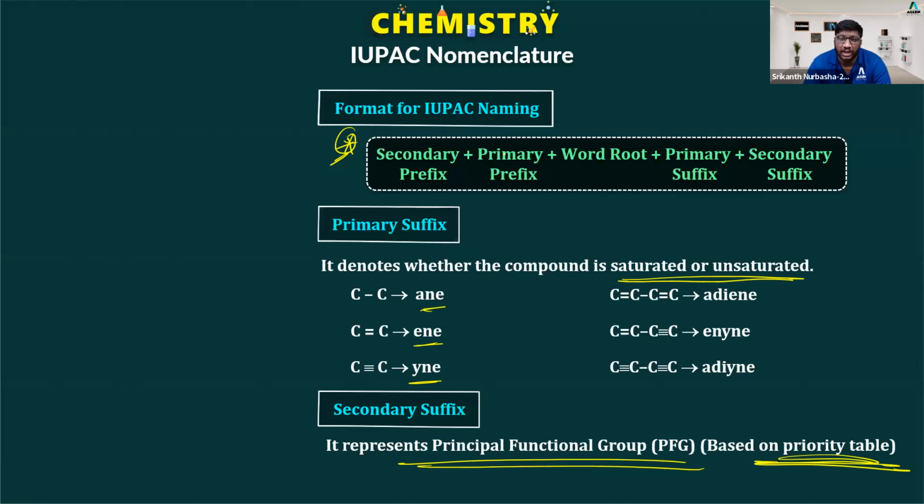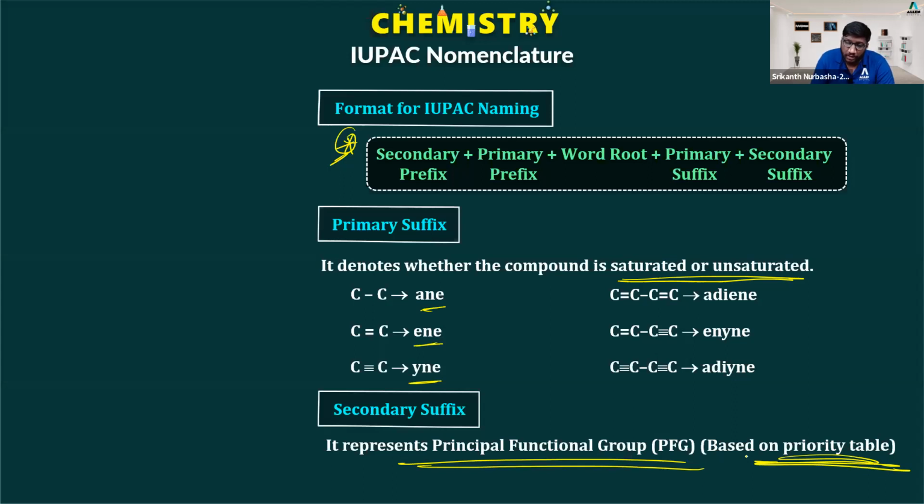Primary prefix gives an idea regarding whether a cyclic group is there or not. Root word gives an idea regarding the number of carbon atoms, including the carbons of principal functional groups. Primary suffix gives an idea regarding the type of bonding, like carbon-carbon single bond, double bond and triple bond. Secondary suffix gives an idea about the type of principal functional group present.